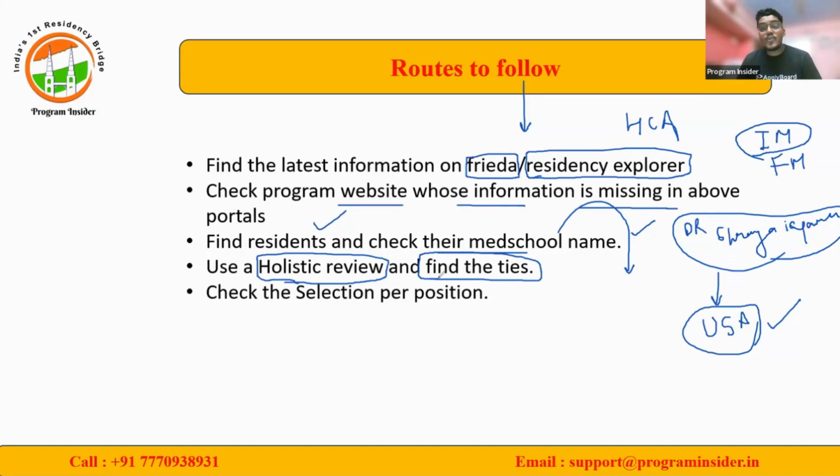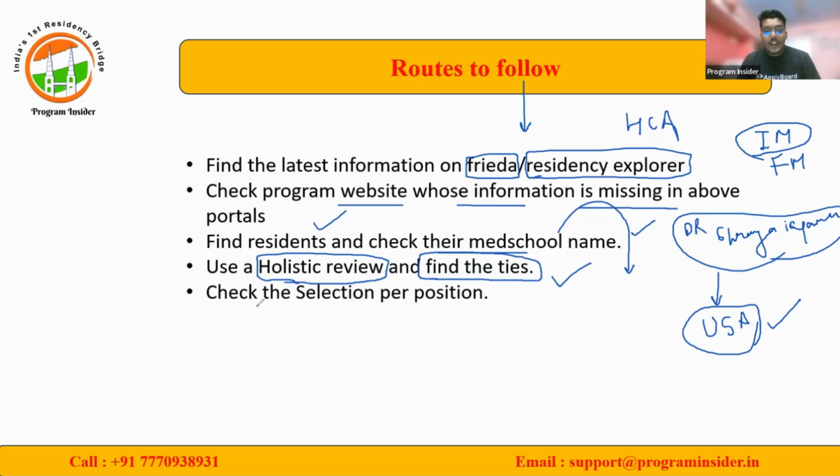Your personal statement shows that you want to be a cardiologist, so does that program have a cardiology fellowship? If they do, they will surely take an interest in you. So that tie will help you a lot in getting an extension in the interviews.